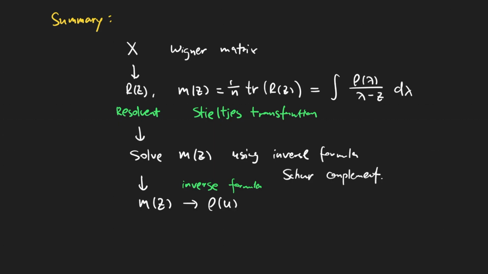For the next video, we're going to look at the Marchenko-Pastur distribution, which is a distribution for the eigenvalues of the covariance matrix. This is more relevant for principal component analysis because when we have noisy data, we're interested in the covariance matrix.